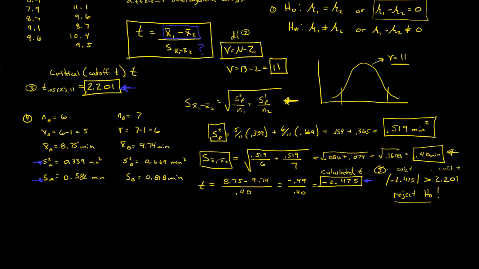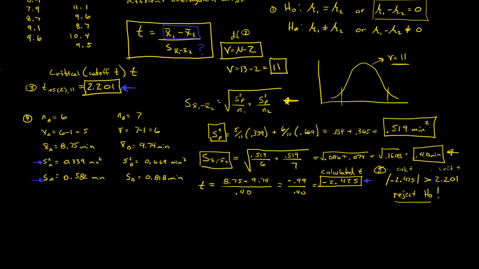Greetings. In the last video, we worked out an independent t-test problem by hand, and we came to the conclusion that we wanted to reject the null hypothesis. We did it through maybe not the clearest logic process, but it is the prevailing way of doing this test, where you're looking at whether or not your calculated t in absolute value is greater than this critical t.